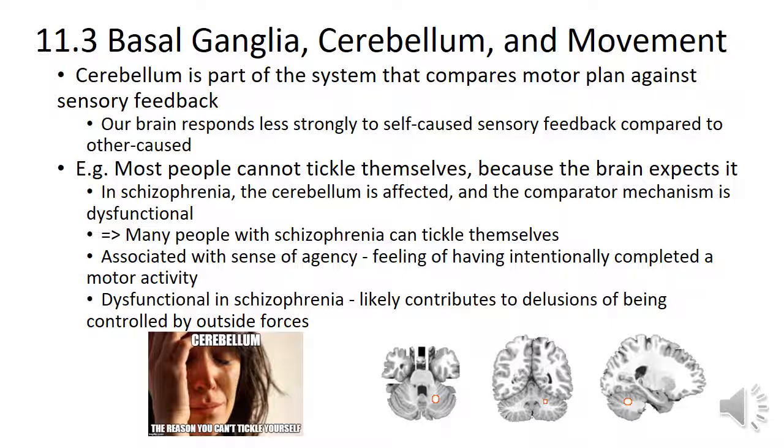So sometimes people with schizophrenia, a rather common delusion will be that the CIA has taken over their body and is causing them to do things. That an alien has control over their hands, and that they're not the ones controlling their body. So this cerebellar dysfunction might be the reason for some of those delusions.